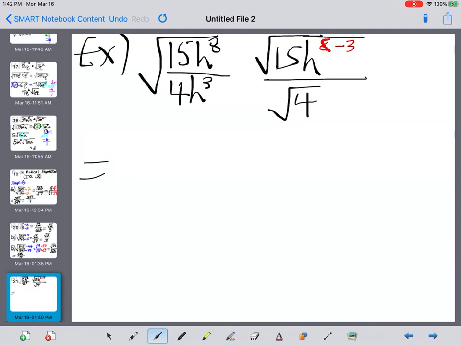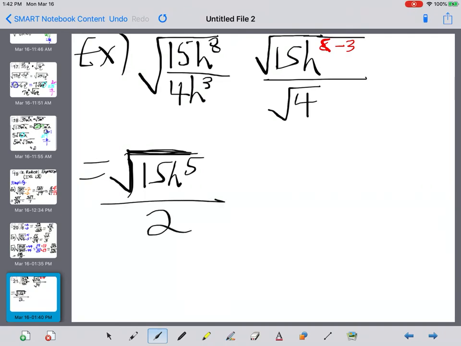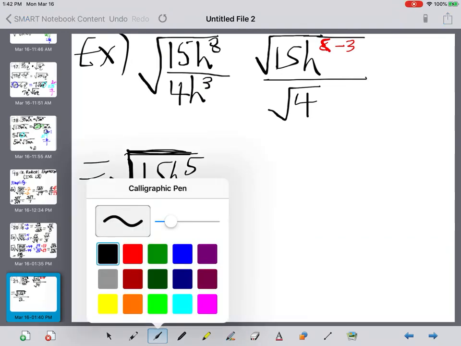Okay, so as I finish this off, I'm going to have the square root of 15h to the 5th, and then all over, well, the square root of 4 is 2. Now, just like we did in a prior lesson, if I have the square root of 15h to the 5th, I actually can simplify that.